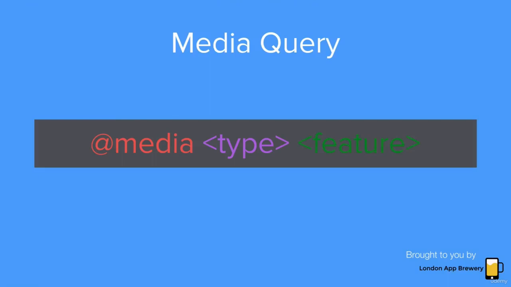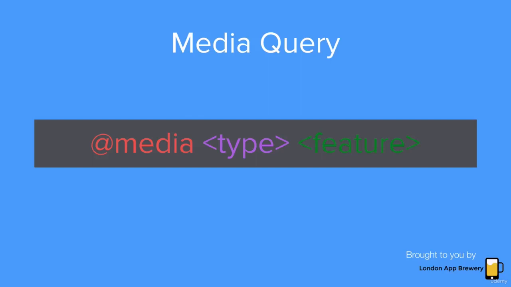And this is roughly how the media queries are structured. Firstly, you have the @media keyword, which says that everything that comes afterwards is a media query. The next thing is the type of media or medium that we are selecting on. So the code should only be activated if the website is being displayed on a screen, or if it's being printed, or if it's on a screen reader. All of those kind of things.